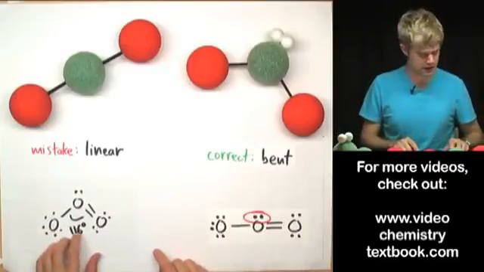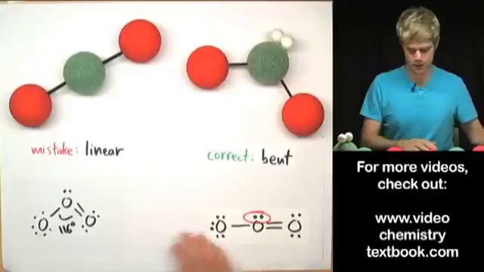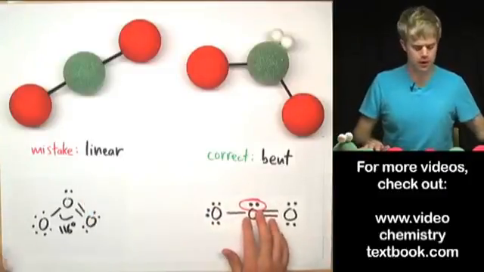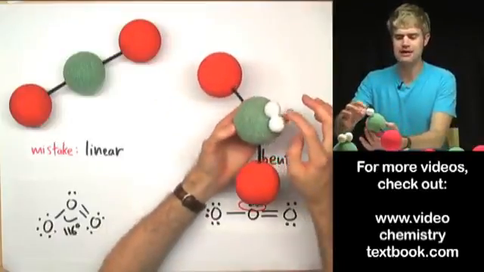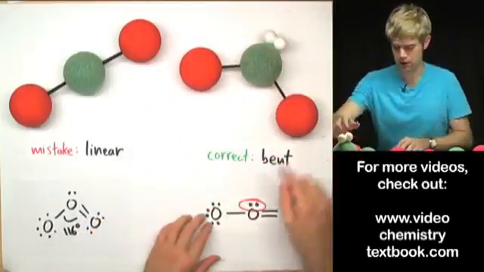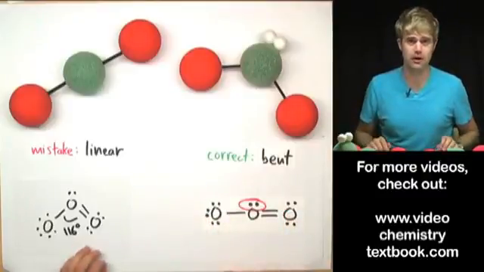So this angle is going to be a little bit bigger than when we have two unshared electron pairs. Okay, but either way, keep in mind that this unshared electron pair here makes it a bent molecule. It's not a linear molecule.